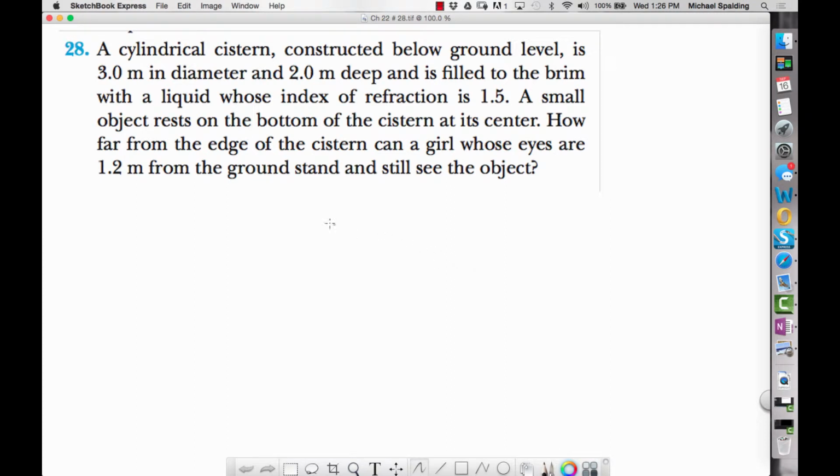All right, number 28, we have this cylindrical cistern, like this big barrel, constructed below ground level, is 3 meters in diameter. So I'm going to turn this into a diagram. We have this big cylindrical barrel underground, and it's filled to the brim with a liquid.